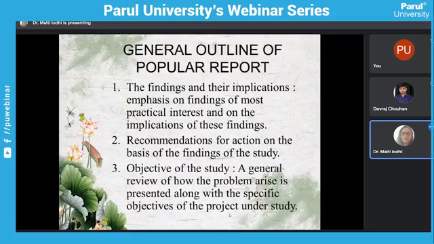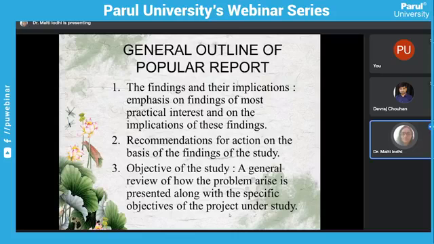Now, the general outline of the popular reports. When we are talking about popular reports, we must have some points to be remembered by the researchers for disseminating the findings and their implications. Emphasize the findings of the most practical interest and the implications of these findings. Whatever findings you are making have to be written in proper manner, and then they can be presented.